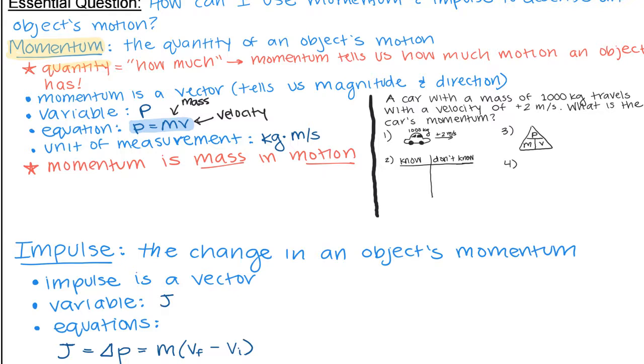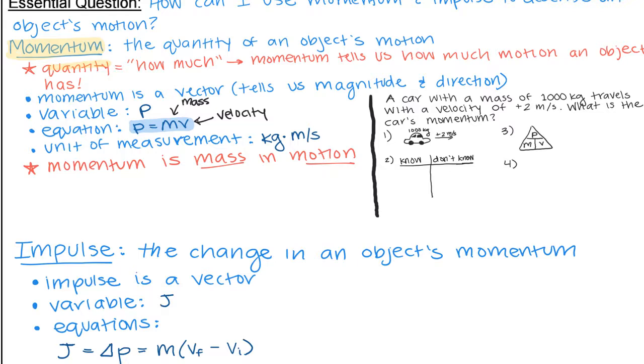A main takeaway here: since momentum is calculated using a mass, momentum simply describes mass in motion, right? An object has to be in motion to have a velocity, and an object has to have a mass. So momentum is simply mass in motion.